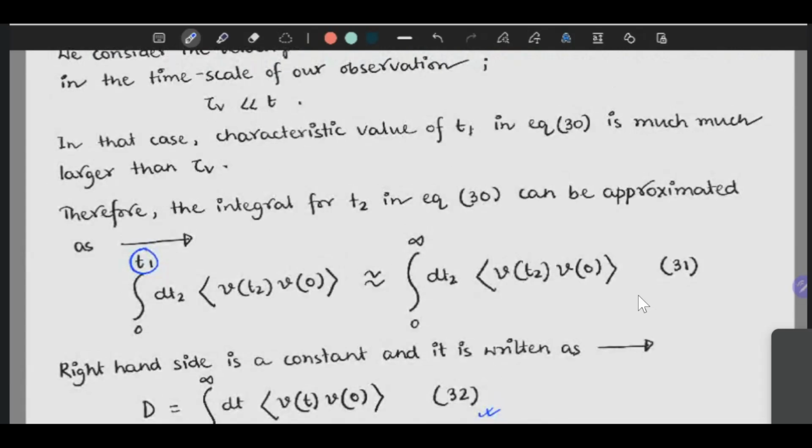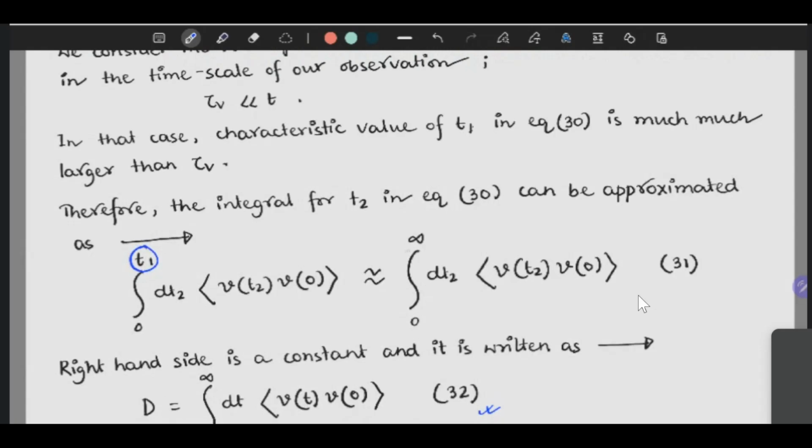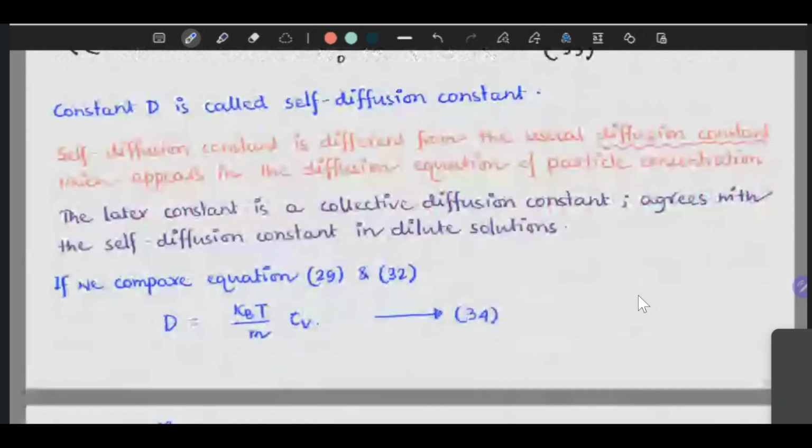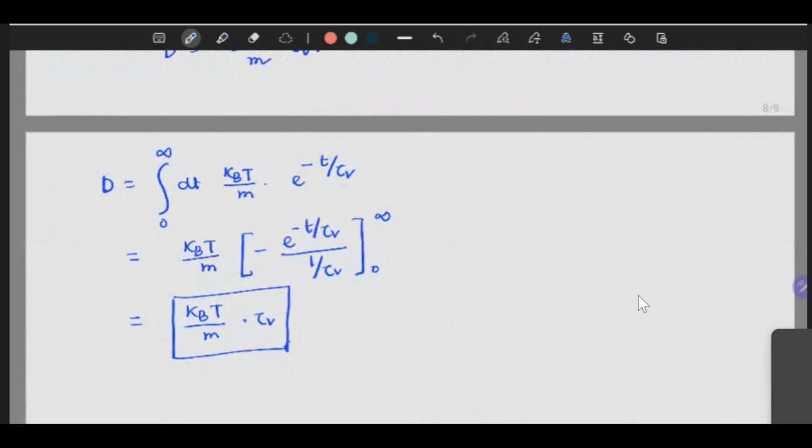That means we can replace this upper limit t1 with infinity, because tau v is the important time scale here. So we are just changing the integration limit to infinity, and the result follows easily from there.